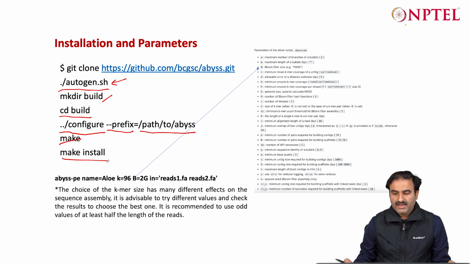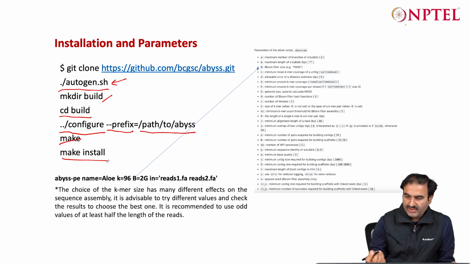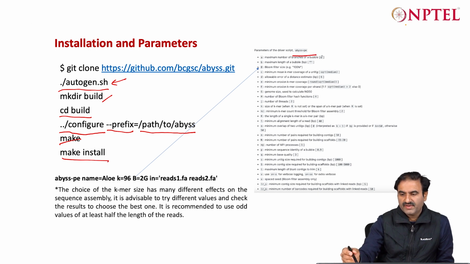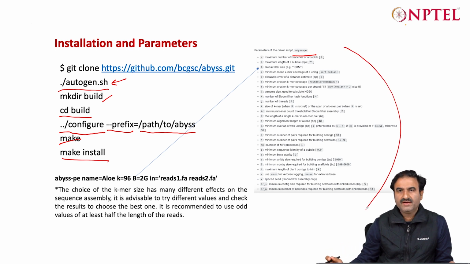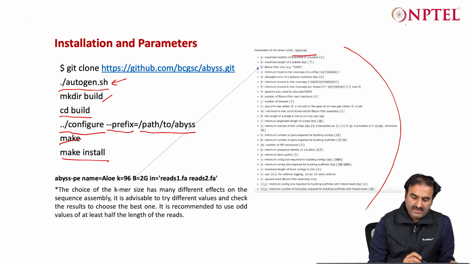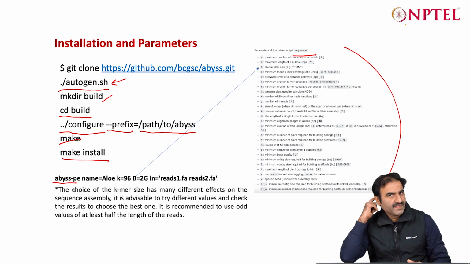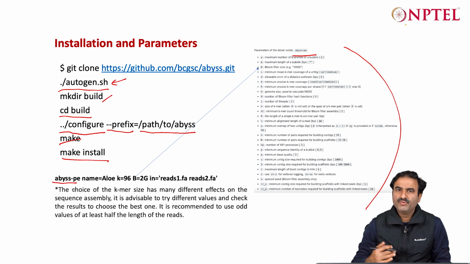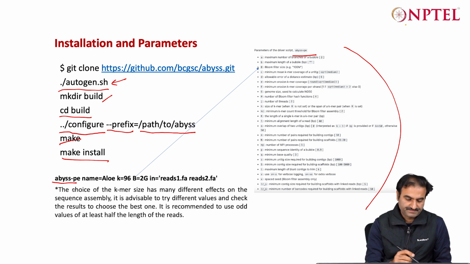Now for the command line, you can always get help with abyss-pe, and you can use any of the additional parameters, but the standard ones are with abyss-pe. The p is for the paired end reads, because you'll always be using paired end reads, which in most cases are also more helpful for assembly.